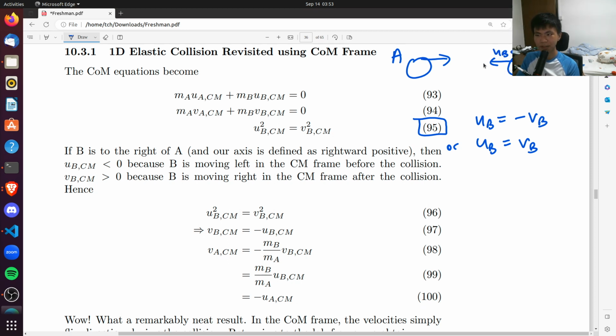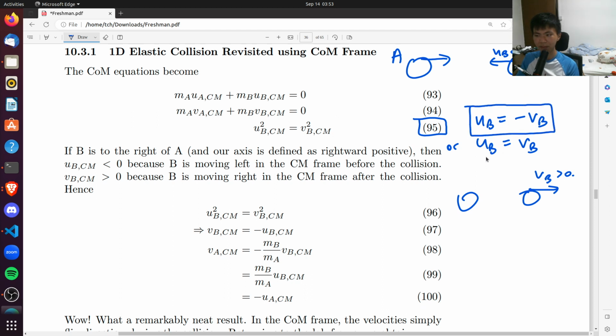Likewise, this is before the collision. After the collision, after they hit each other, B must be moving to the right, so VB must be greater than 0. All of this assumes we define rightward as positive. So that means we are working with the first solution.